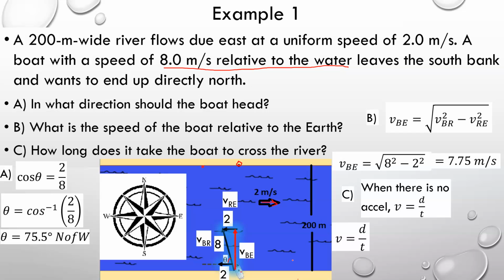So if we rearrange this and solve for t, then the distance would be the distance across the river, which is 200, and the velocity is what we just found in part B. So you would do 200 divided by 7.75, and you would get 25.81 seconds.